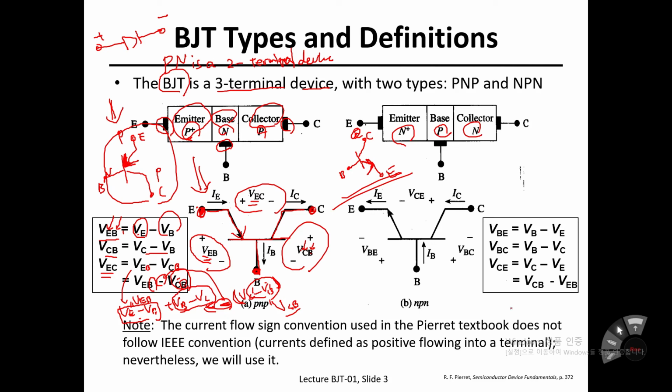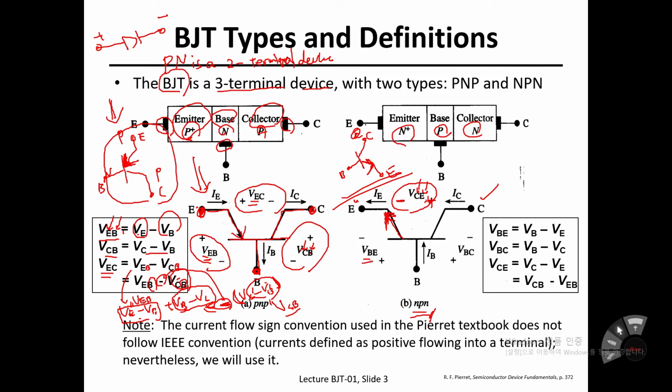Okay, so on the right hand side, you may understand it by yourself. It's very simple, right? So that is base to emitter. Just take a look at the direction of this arrow. So you may catch that this circuit symbol indicates NPN BJT, and the voltage difference between collector to emitter. So collector to emitter, plus minus, okay? So the first letter indicates plus electrode, the second letter indicates a minus electrode.